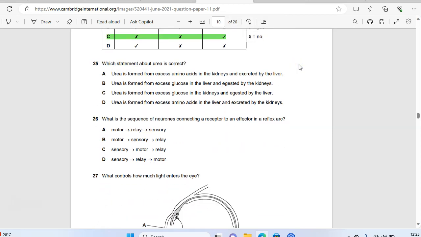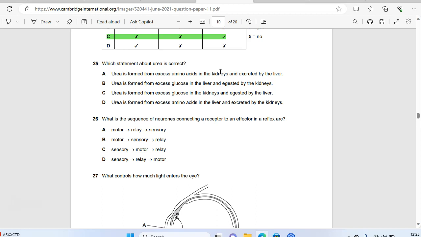Which statement about urea is correct? When you eat excess protein, this protein is broken down into amino acids.